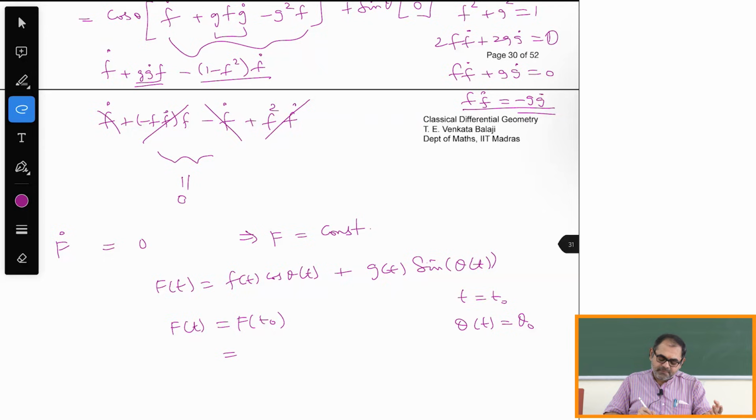I will get f of t naught is cos theta naught, and g of t naught is equal to sin of theta naught. There is a small point of view that you have to understand.